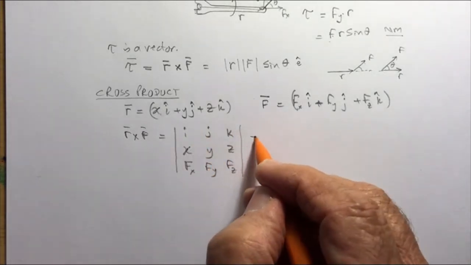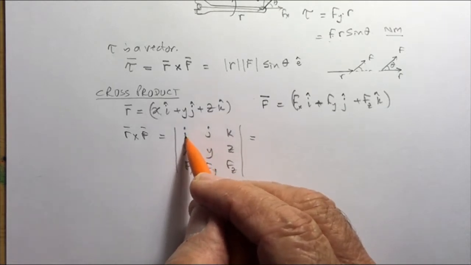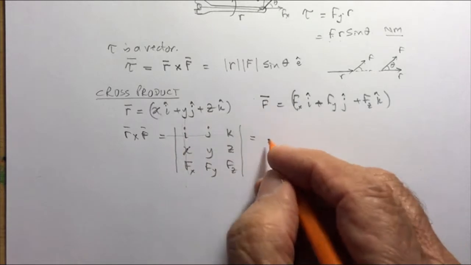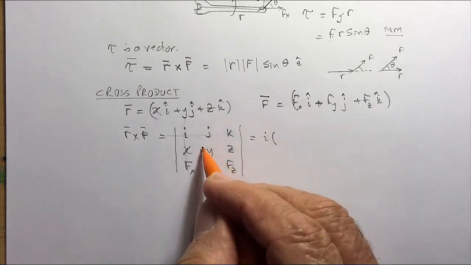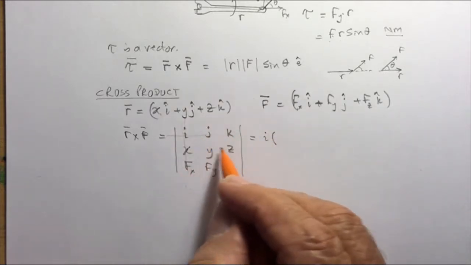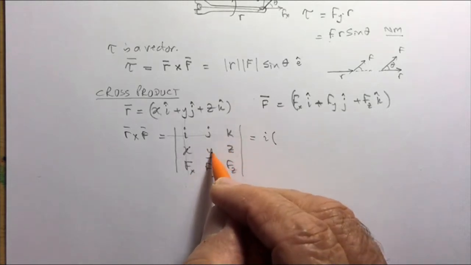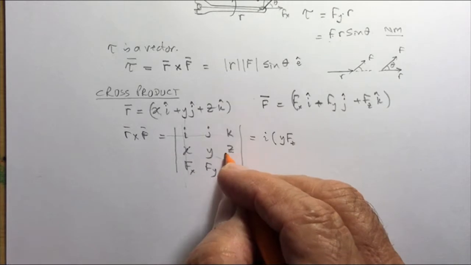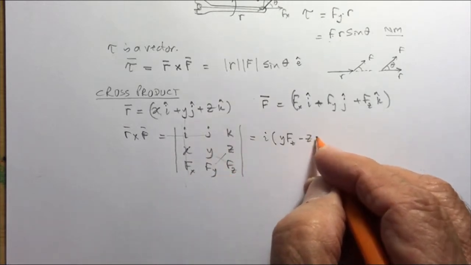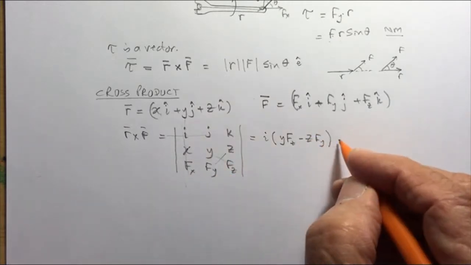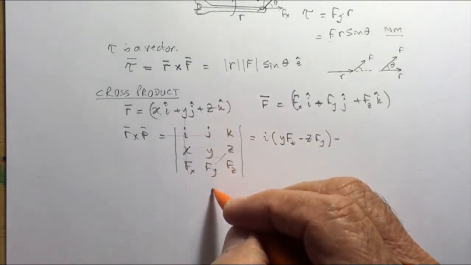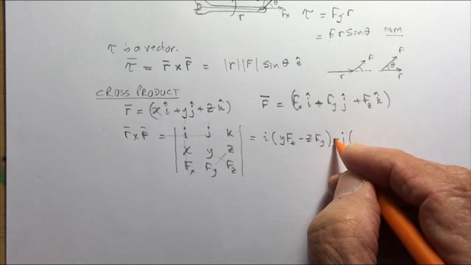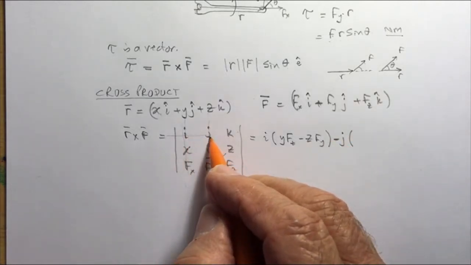Now the solution of the determinant is, first we take this row and column, so we have the first term, which is i, and then we remove this row and column, so we are left with this determinant, and it's going to be y times fz minus z times fy. And then the next term is, we'll take this row and this column, so it's going to be j, and it's a negative. The first term is positive, the second is negative, and so on.